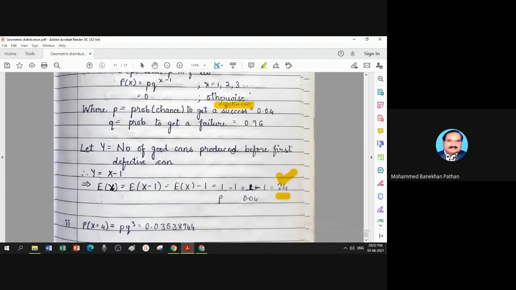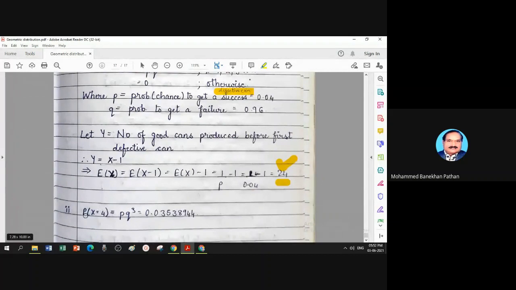So the chance of getting X equal to 4 is equivalent to getting 3 good cans first. So P Q raised to 3. Put the value of P 0.04, value of Q 0.96, simplify by calculator.